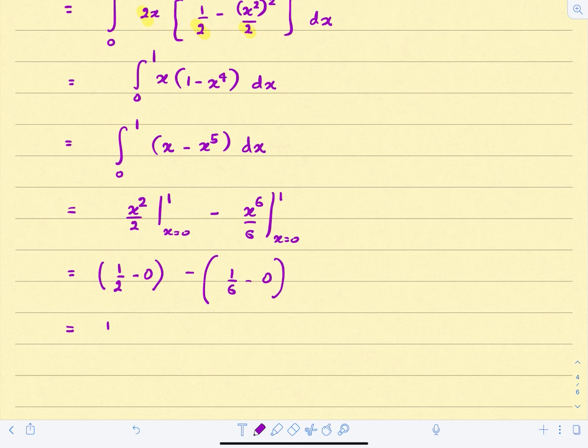So basically we have 1/2 minus 1/6. 1/2 is the same as 3 over 6, and 3 over 6 minus 1/6 is 2 over 6, which equals 1/3. So here we used Green's theorem to evaluate the line integral over a closed curve.